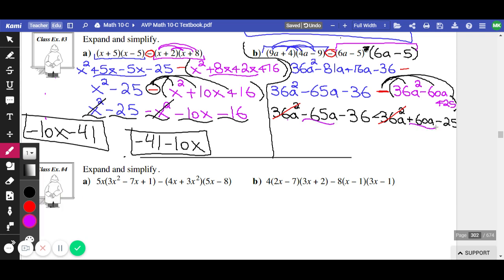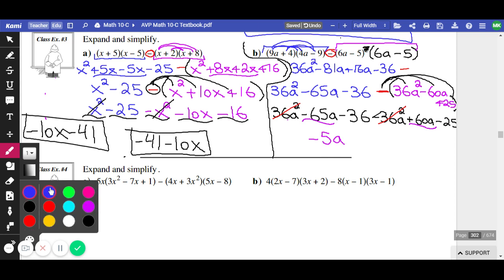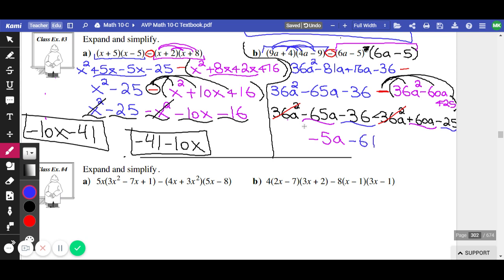We put that in our calculators, just the coefficients, right? So negative 65 plus 60, and you get negative 5a. And then you do your constants, negative 36 minus 25, which is negative 61. Again, if you reverse those, you put negative 61 minus 5a, that's the same answer. Right? It's just a different order.